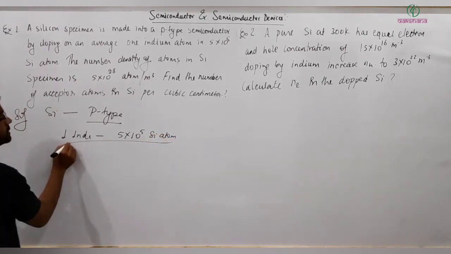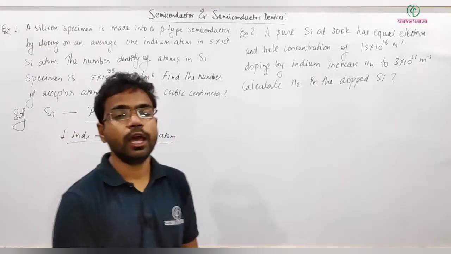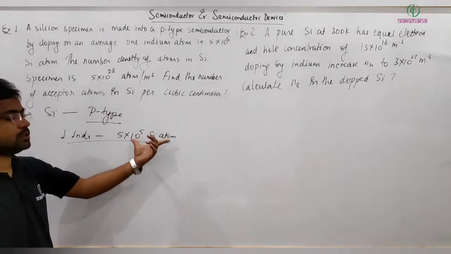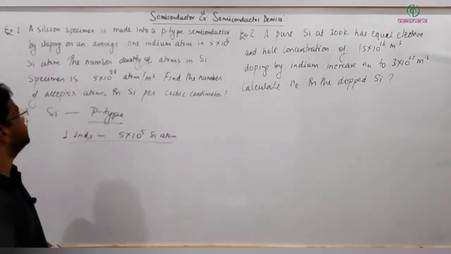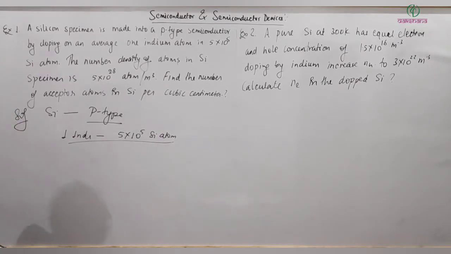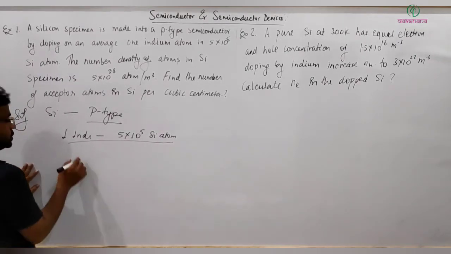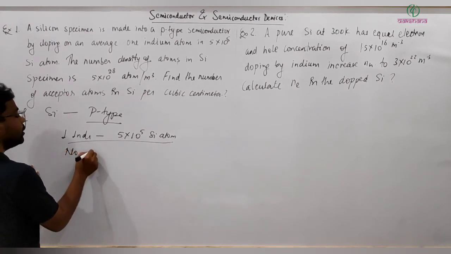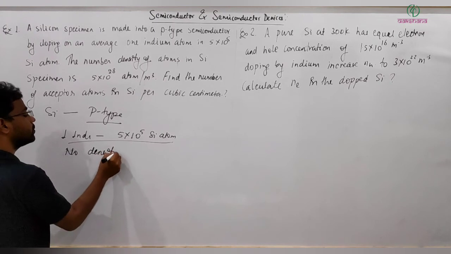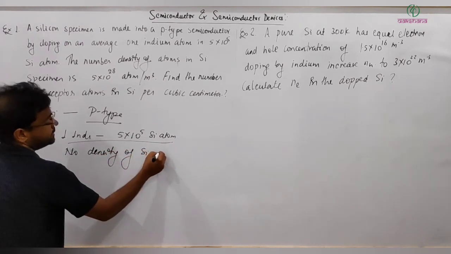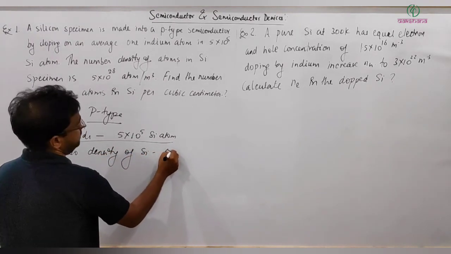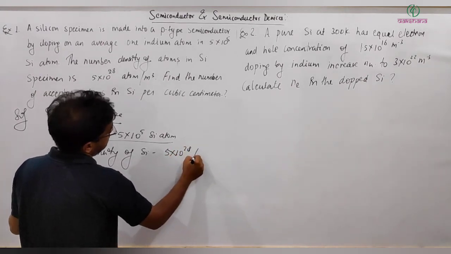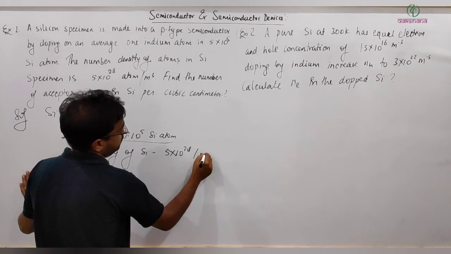This is the concentration, like how much doping, how much impurities is added, that is given as one indium atom in these many number of silicon atoms. The number density of atoms in the silicon specimen, so we can write number density of silicon atoms, that is given by 5 into 10 raised to power 28 atoms per meter cube.